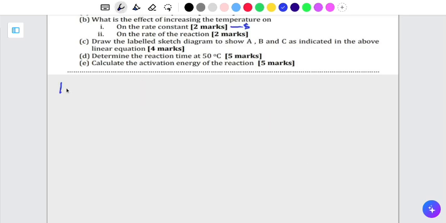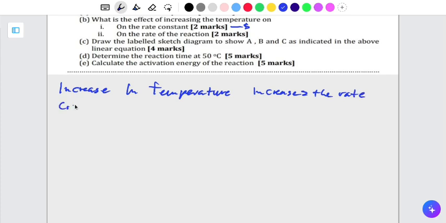So an increase in temperature increases the rate constant, k in this case here. So that is our answer for Roman numeral number 1.